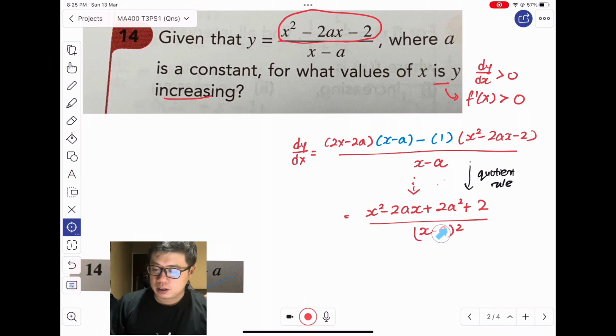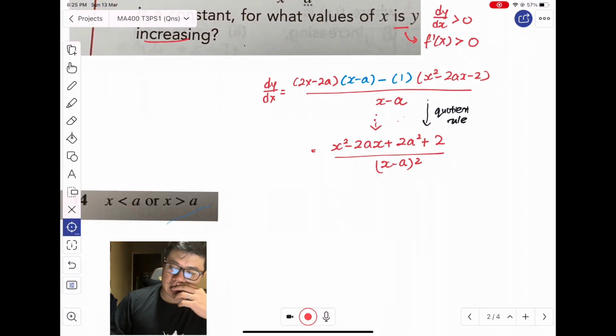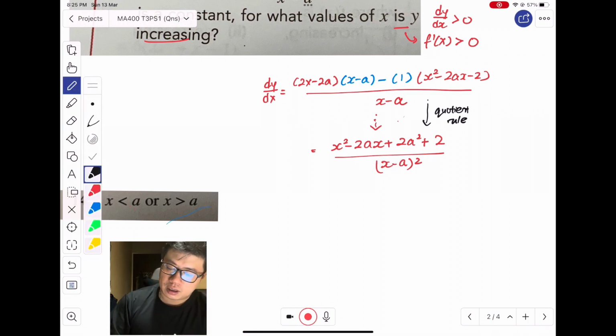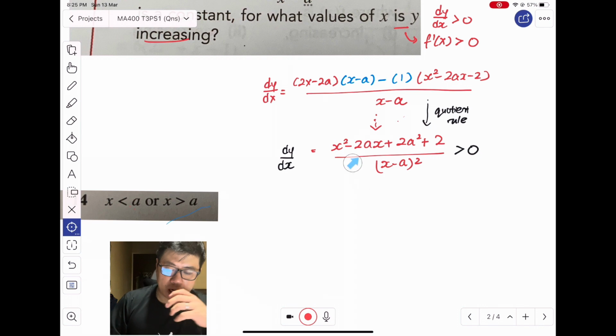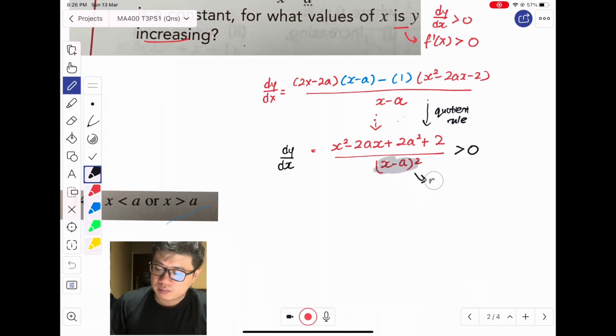Okay, so what do you do next is you consider that you need this dy dx to be positive, which means we basically need the entire fraction to be more than 0. Now, the denominator on its own is already non-negative, because this is already a squared function.